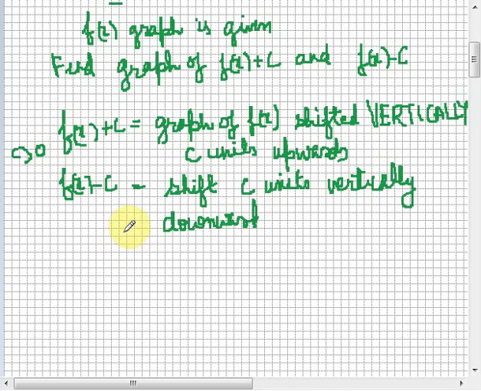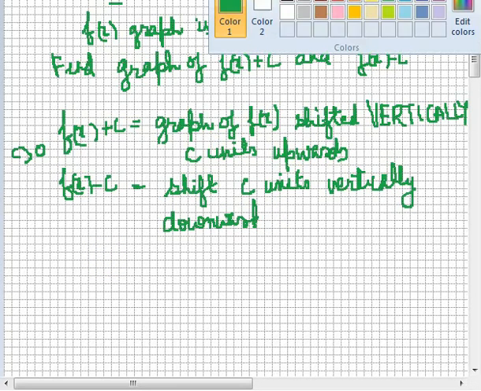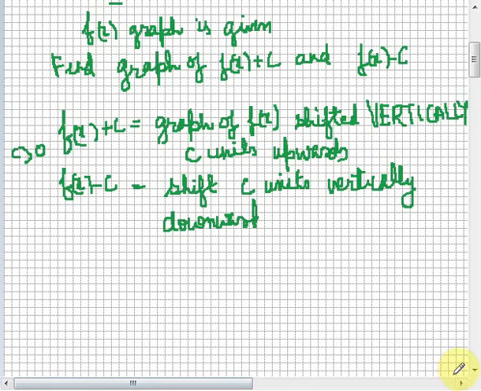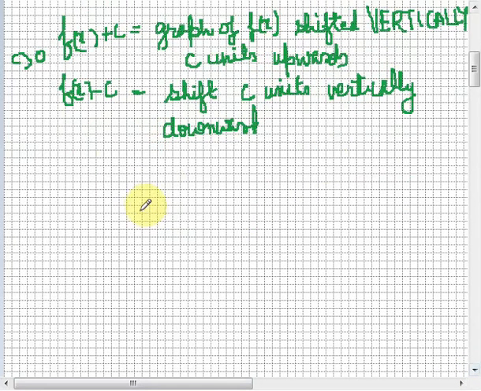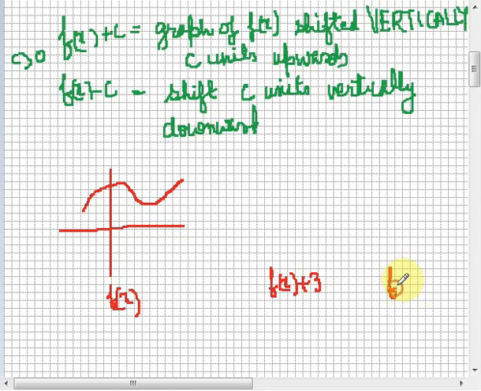Suppose the graph of a function is as shown. This is the coordinate axis. Suppose the graph of the function is like this, and this is f(x). We want to calculate the graph of f(x) plus 3 and f(x) minus 3. That is, we are taking c equal to 3. What will be the graph of the function?